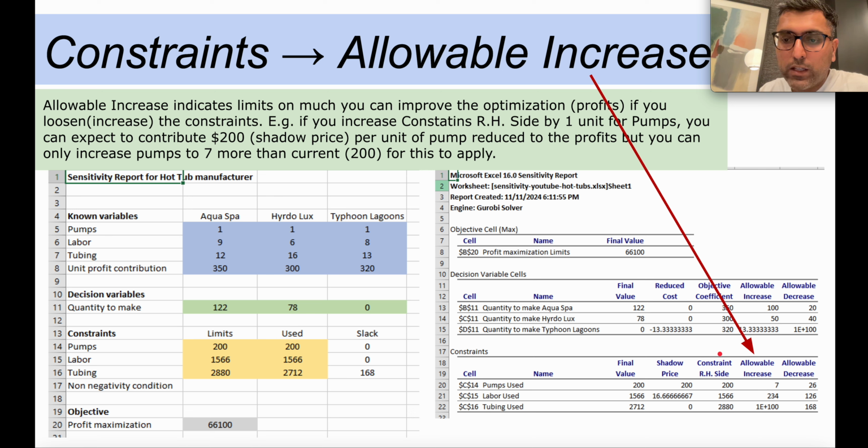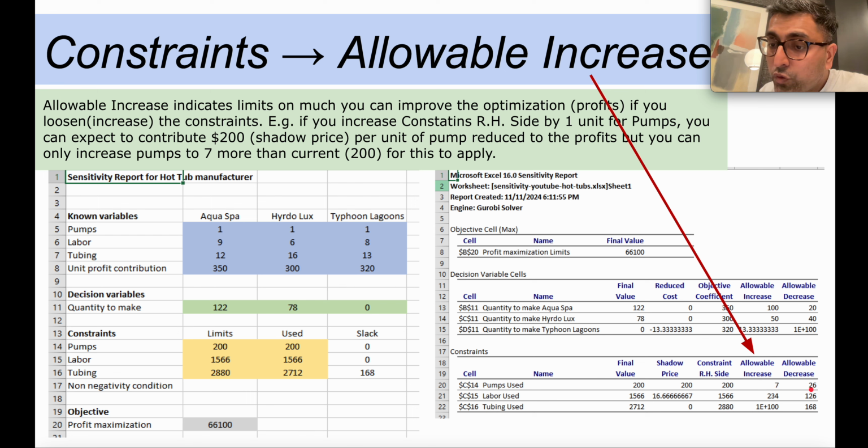If you increased and added 7 more pumps, you can expect to make $200 of profit more for every pump. So 7 more pumps can increase this profit by $1,400. But it tells you the range at which you can use the shadow price. So with 7 more pumps, you can add 200 for each pump.